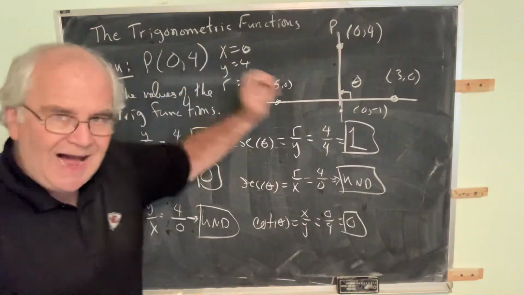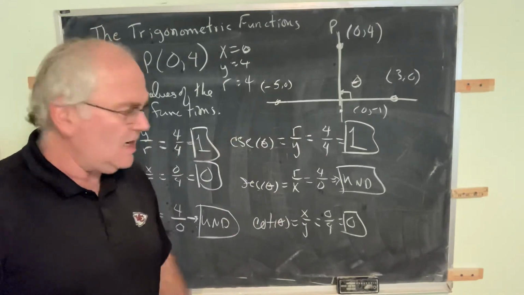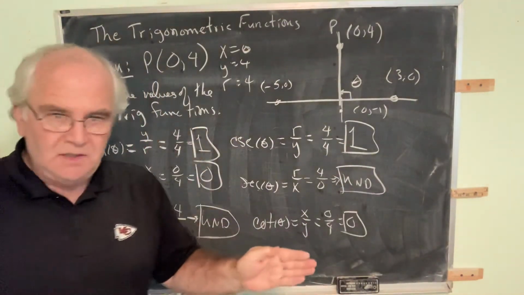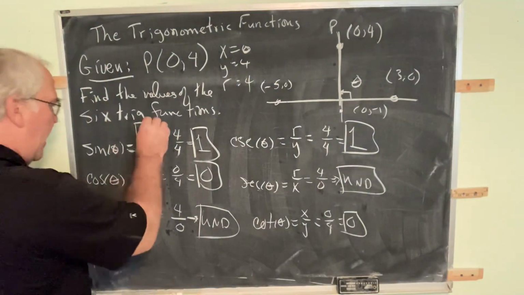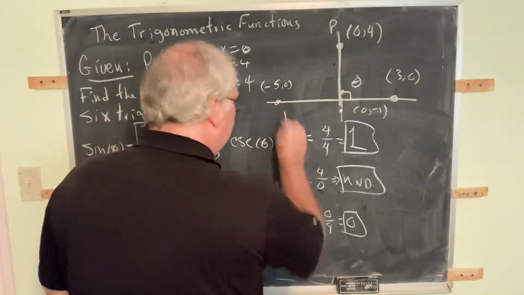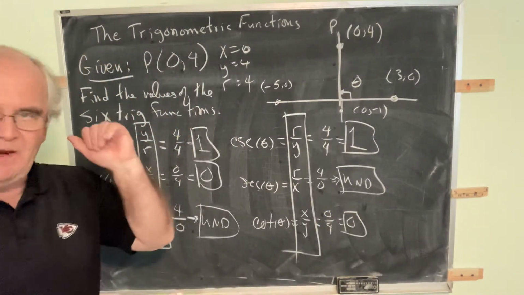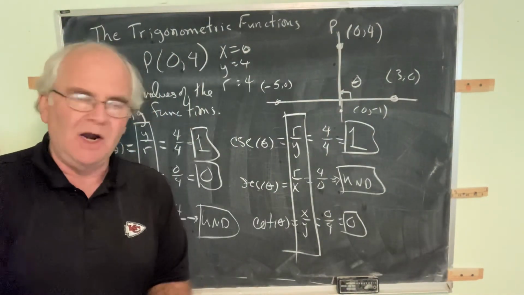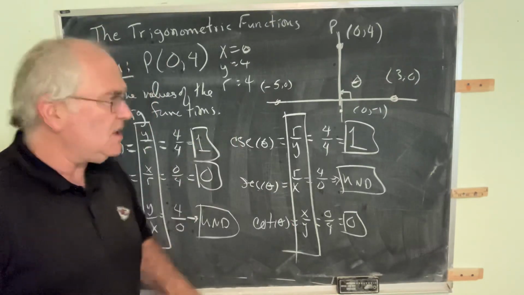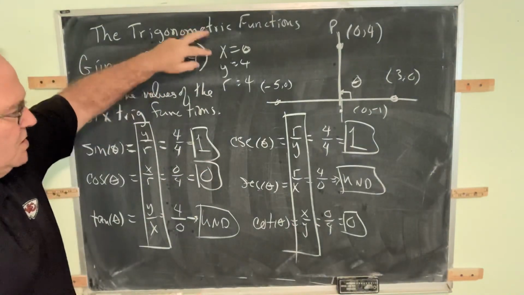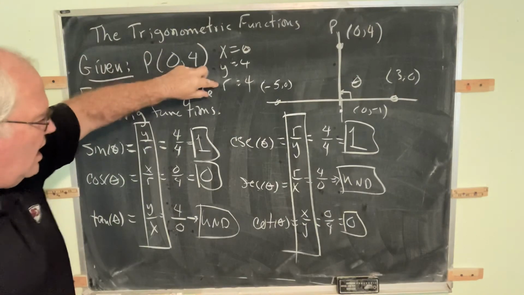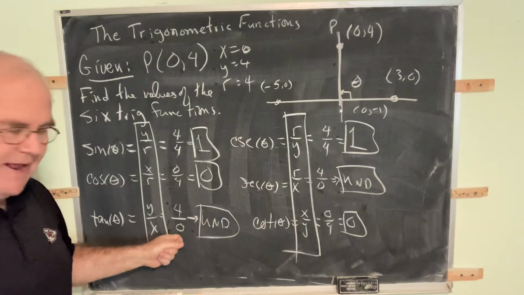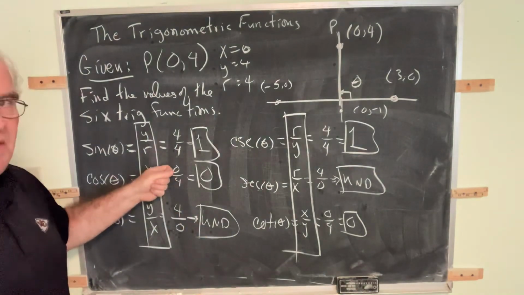So if the point lies on one of the axes, undefined values are liable to occur. All you need to do is use the XYR definitions, because they are the base definitions. Use X and Y to find R, and then plug the values in. Anytime you have 0 in the denominator, don't do that. If 0 is in the numerator, that's nice. You get 0.